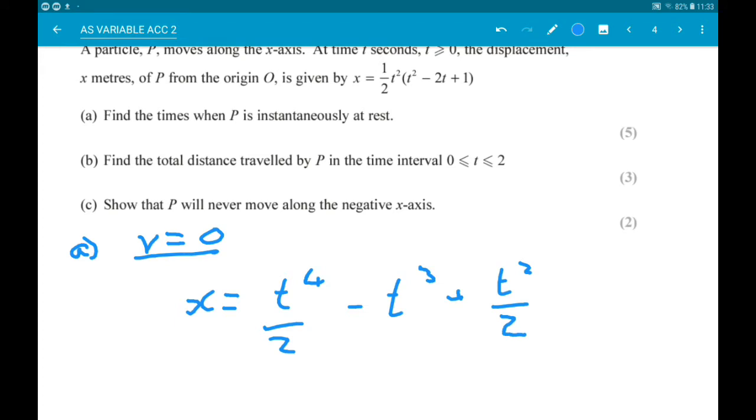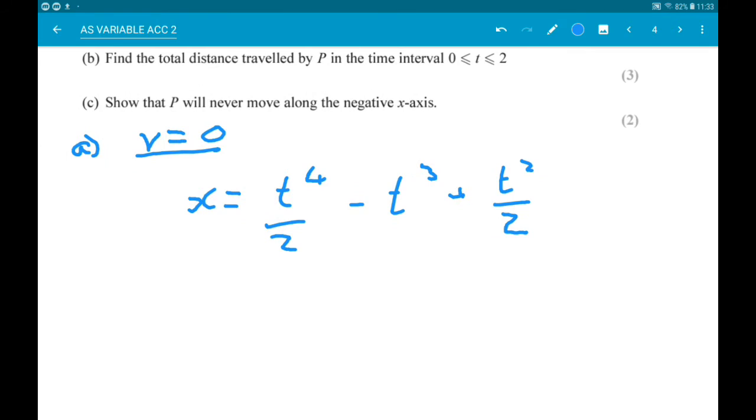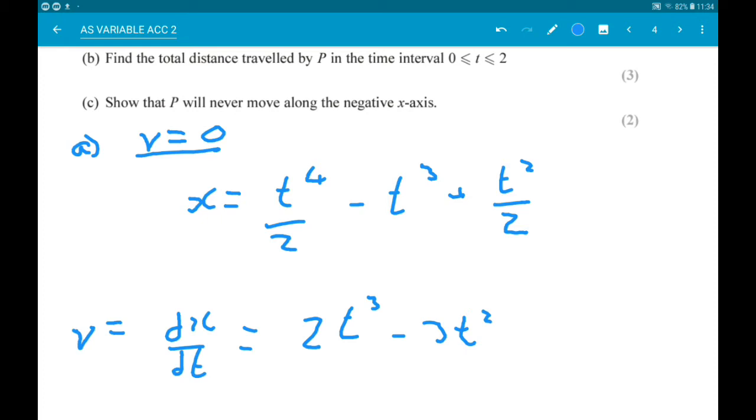Okay, now, as I said, the velocity is dx by dt. Now that then is going to be 2t cubed minus 3t squared add t.